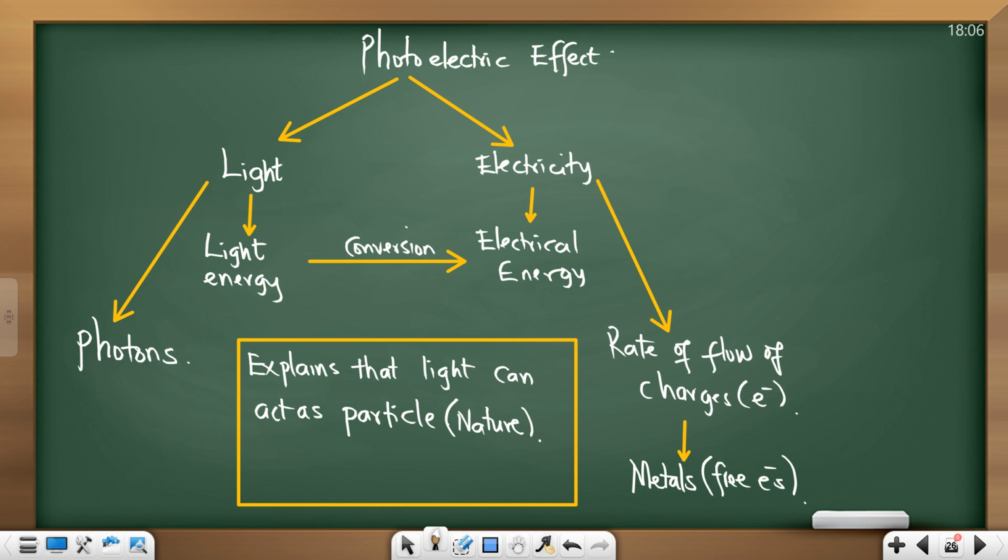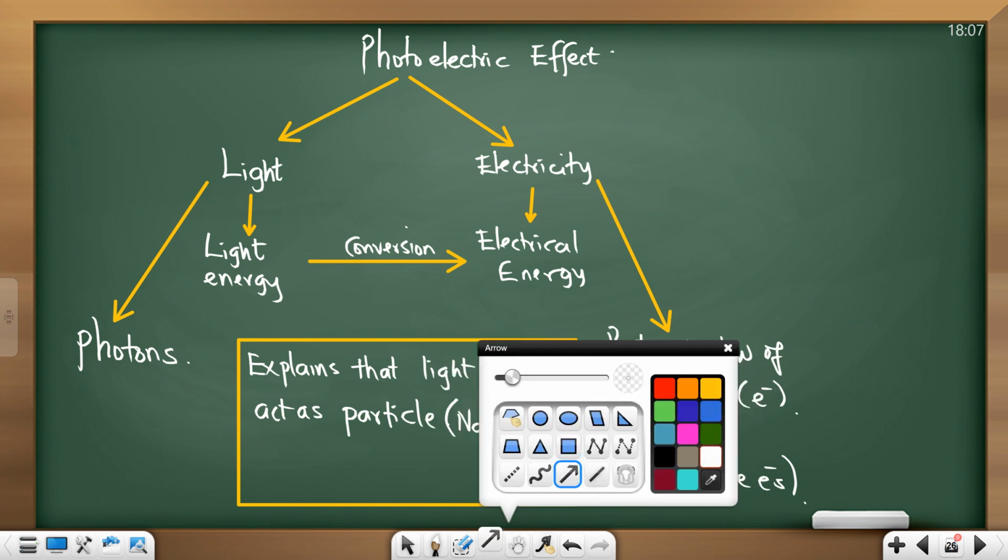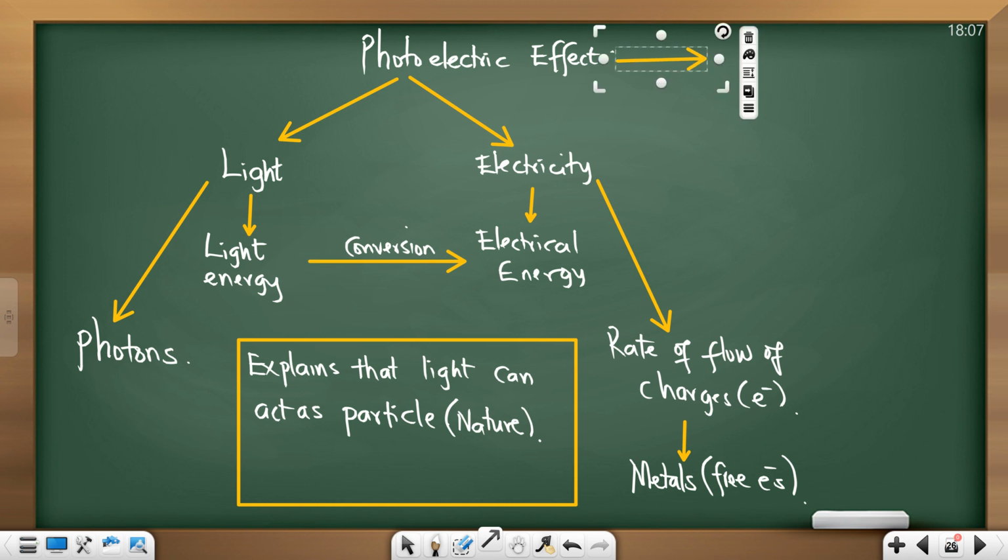So I've said a lot of important things on this page. One more thing on this page before we move on is to define what photoelectric effect is. I don't know if you remember. Anybody in the house that remembers the definition? Anyone? Definition. Bibi, you're covering your face.